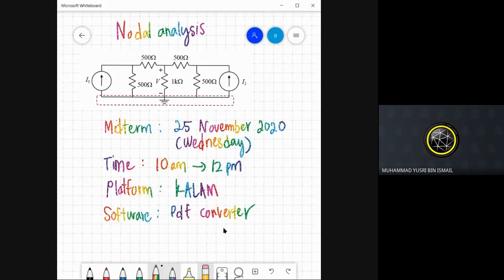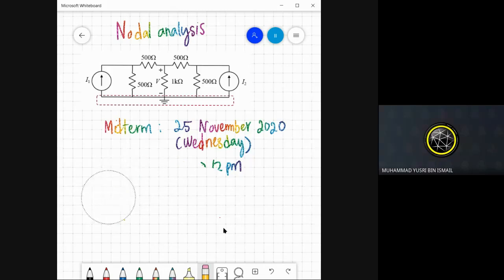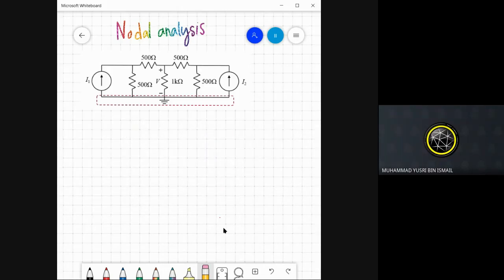You need to submit your midterm exam in Kalam, just like you submit your assignment as well as your lab report.